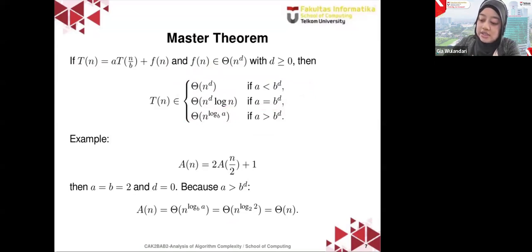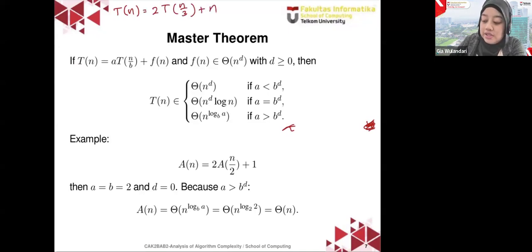Or for another example, let's say we have Tn equal to 2t n over 3 plus n, for example. Sorry, I will move it to the left more. So in this case, A is here 2.